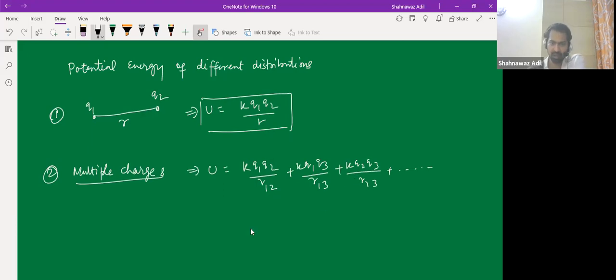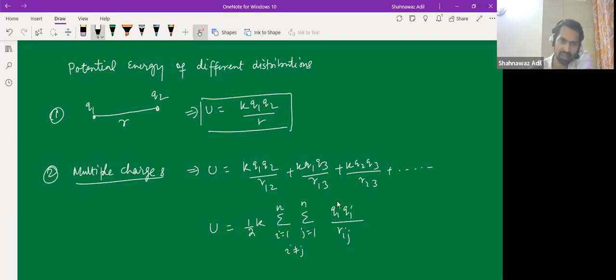We wrote this as half K summation of i equal to 1 to n and summation of j equal to 1 to n, i not equal to j, of qi qj by rij. We calculated this for the square, the triangles, and different kinds of configurations.